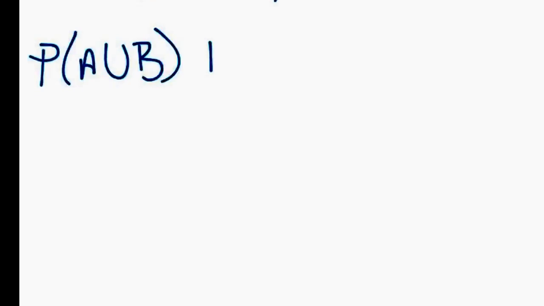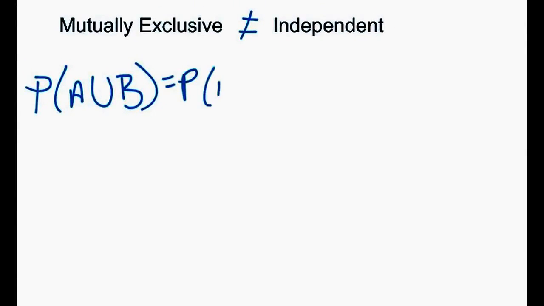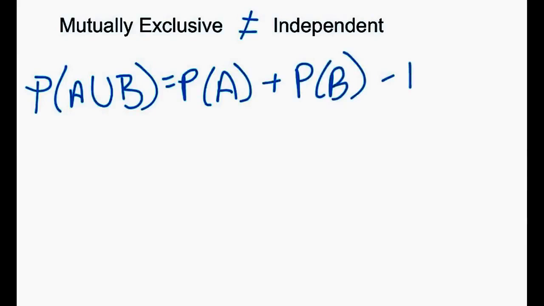So for example, for mutually exclusive, we know that A or B equals A plus B minus A and B, right, if there's overlap. So that's when it's not mutually exclusive, we use that formula.